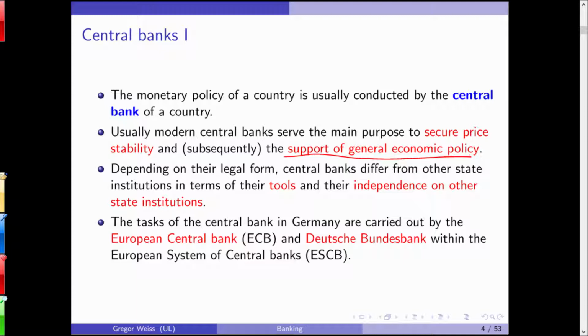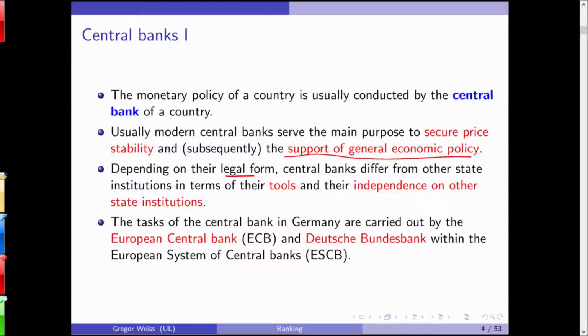Nevertheless, usually central banks are quite independent of the current government, and they are able to put a larger emphasis on securing price stability rather than just being the helper of the government in supporting the government's economic policy.